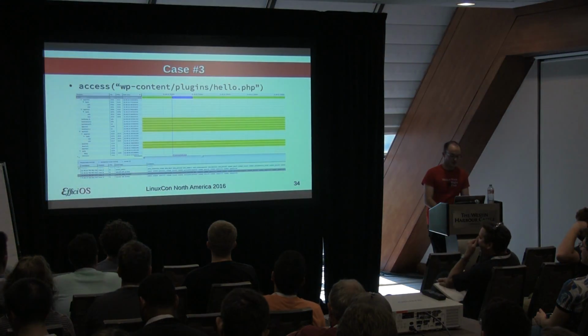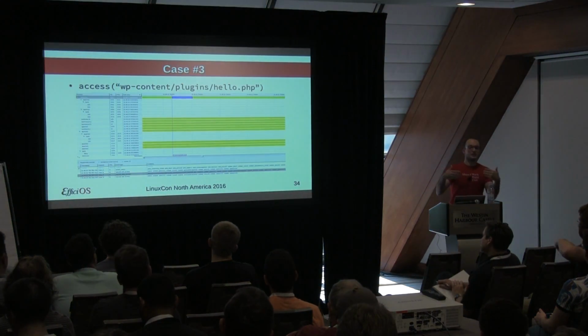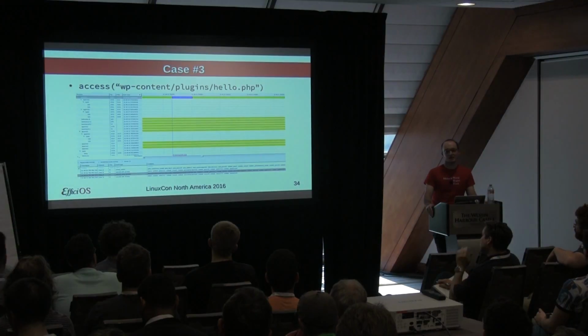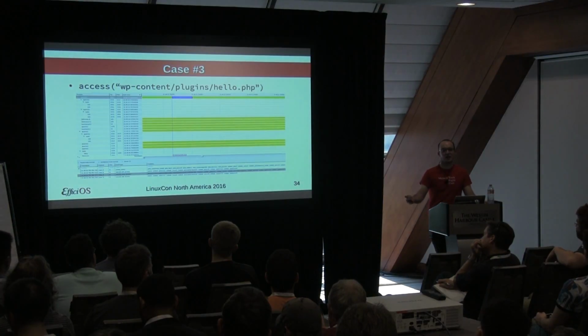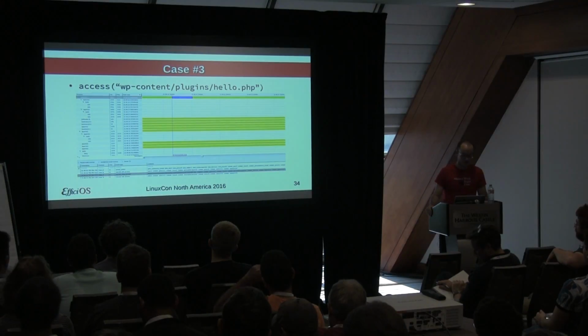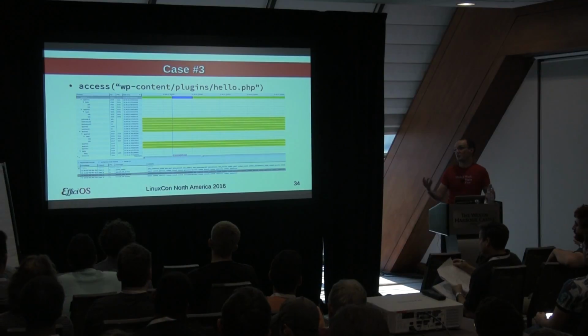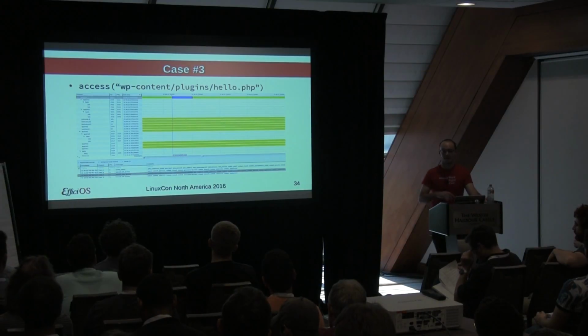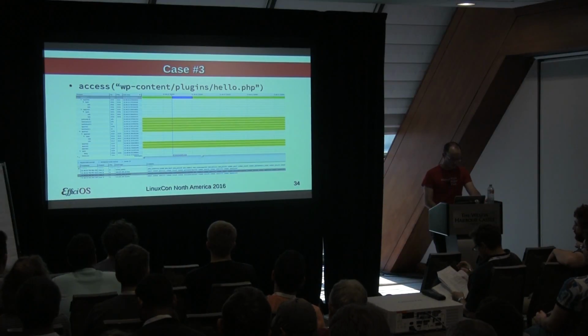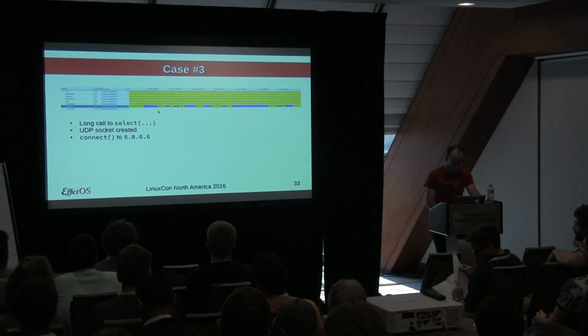Well, if we use Trace Compass, at that point, we have to look at the actual events in the trace. This is as far as the analyses are going to allow us to eliminate stuff. But once we're in Trace Compass, we can see that Apache is accessing a plugin named hello.php. And it's creating a socket in UDP mode.